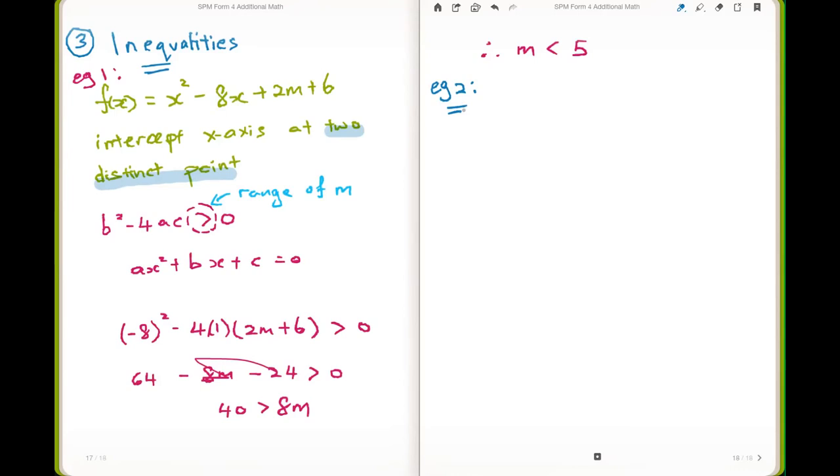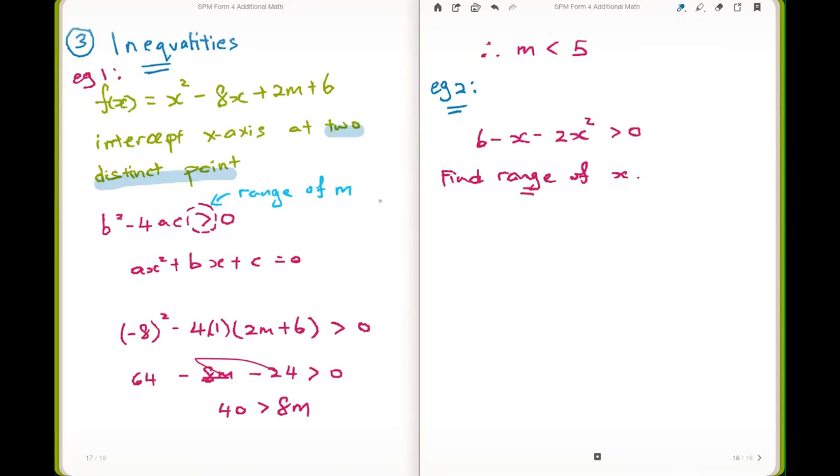Find the range for x for which 6 minus x minus 2x squared will be greater than 0. Now how are you going to solve this kind of question? Find the range of x.